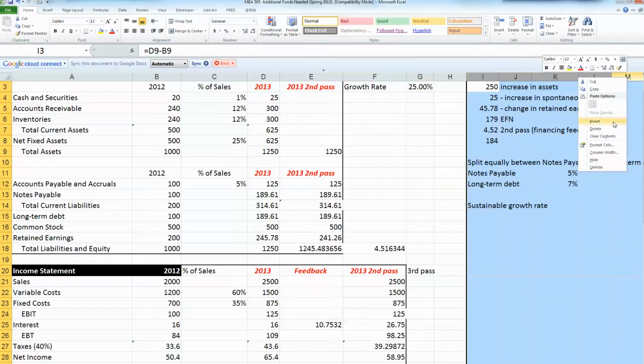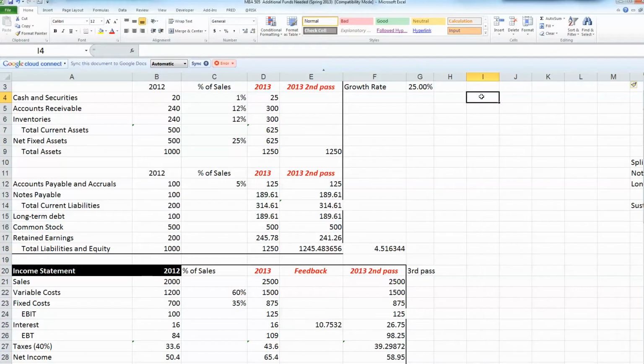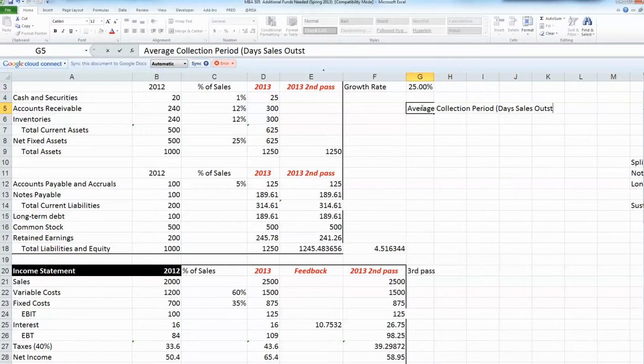I'm not sure how much exposure you've gotten to financial ratios, but something that a lot of businesses are interested in and should be interested in is their average collection period. It's also called days sales outstanding. It essentially represents how many days on average it takes credit customers to pay.